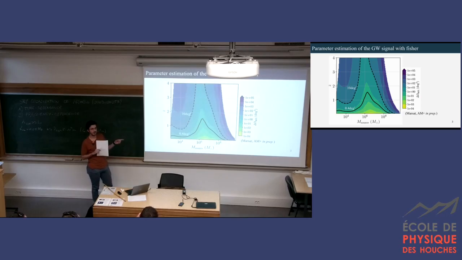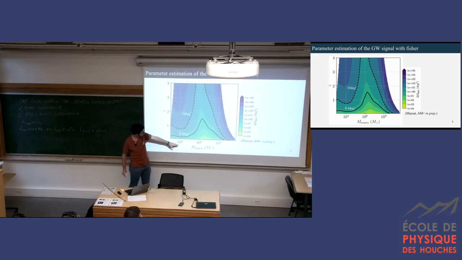Do you see it clearly, or do you need the light from the fair? Okay, perfect. So what you're looking at here is the sky localization against redshift and total mass of the binary. And colors correspond to different sky localization values.